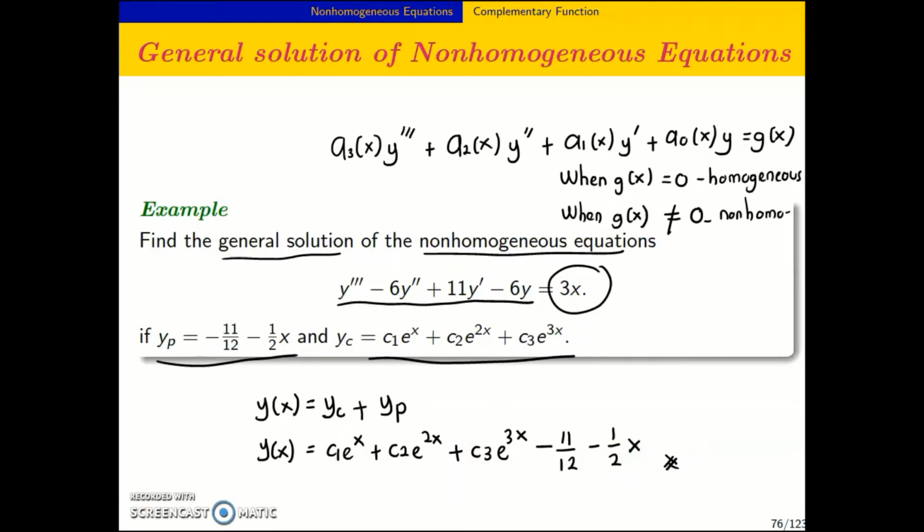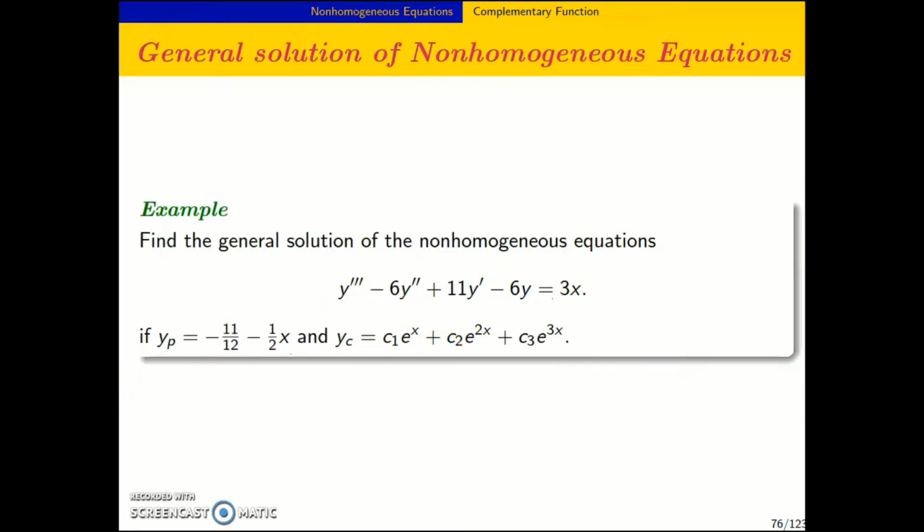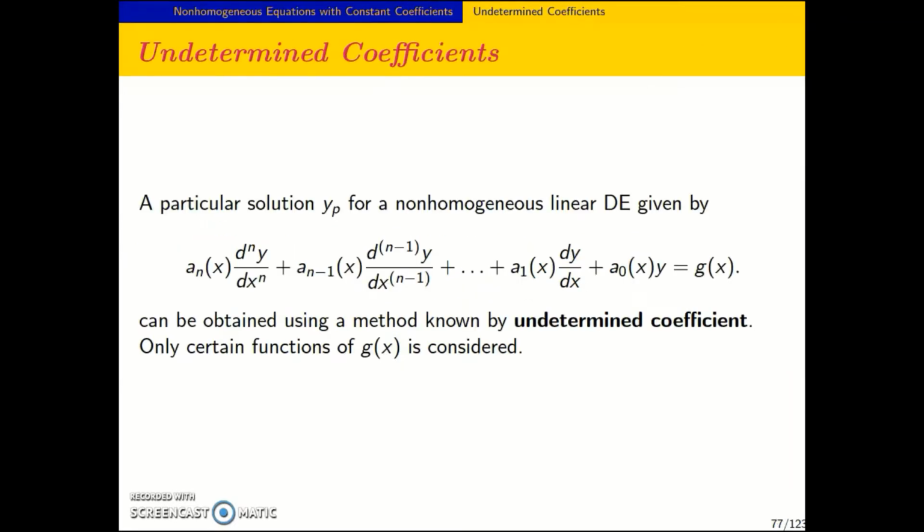Now we want to find yp. We know how to find yc. For second order, yc has 3 cases: complex roots, equal roots, and different roots. But we want to find the particular solution yp for a non-homogeneous linear differential equation such as this one.